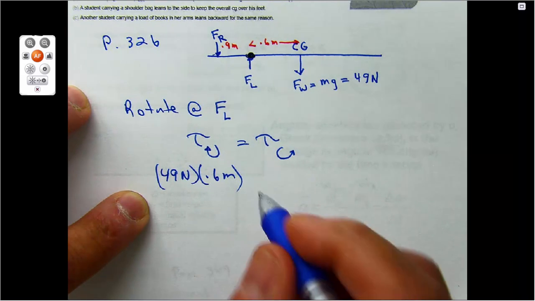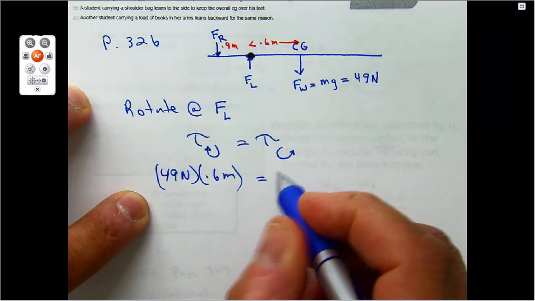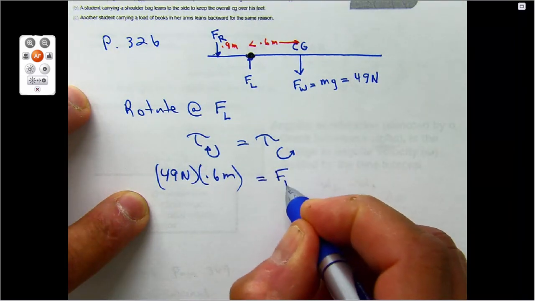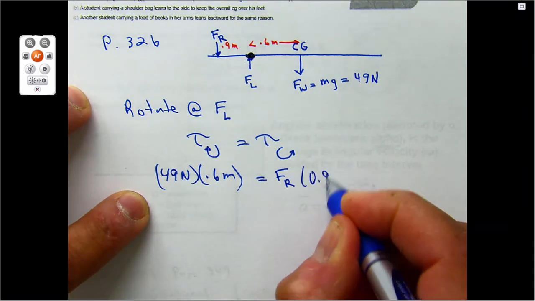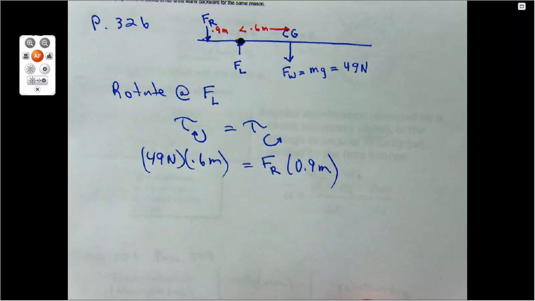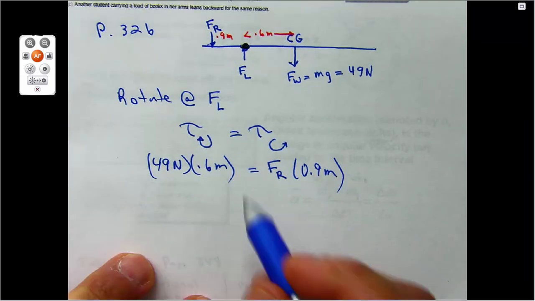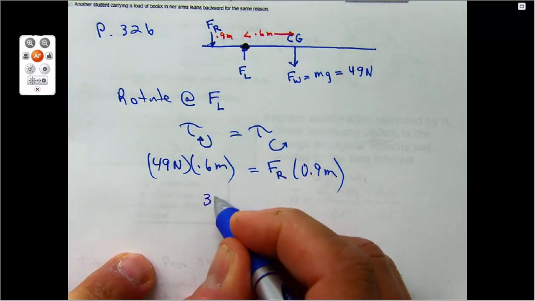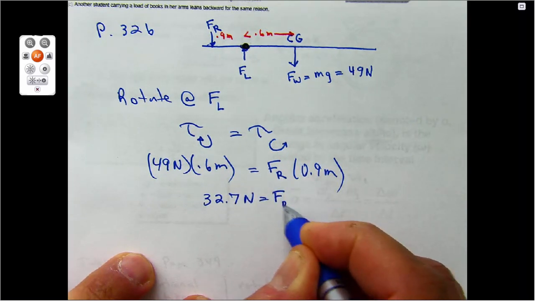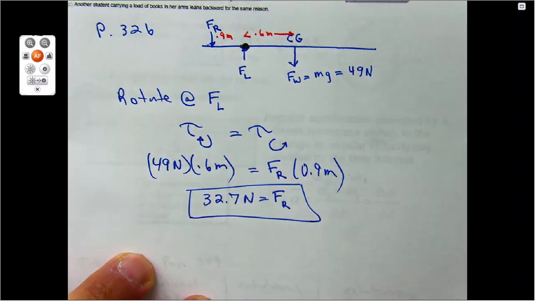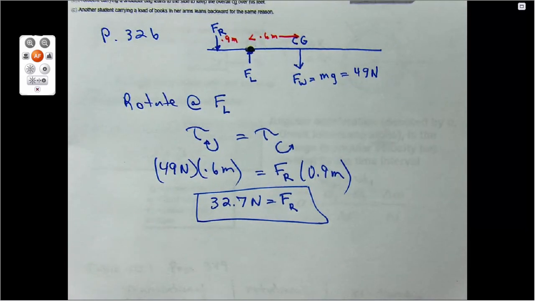The force of the right hand we do not know. And that's 0.9 meters away. So if we solve this, it's 32.7 newtons.